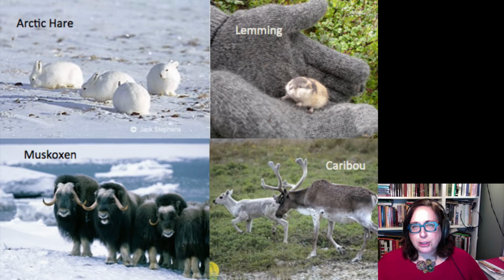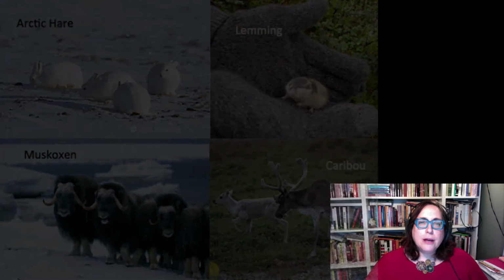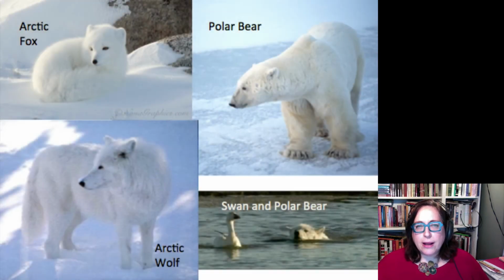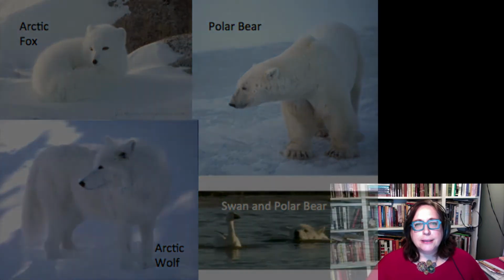Large animals such as caribou, grazing animals, and of course muskoxen, but smaller herbivores as well, like the Arctic hare and lemmings. The biggest predators for these herbivores are mainly the Arctic fox and the Arctic wolf. The polar bear is also a major predator, but it prefers to hunt for marine life from the ice.